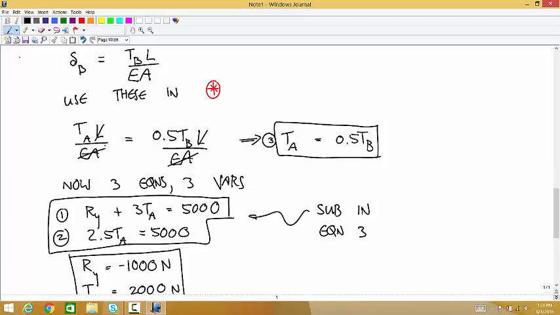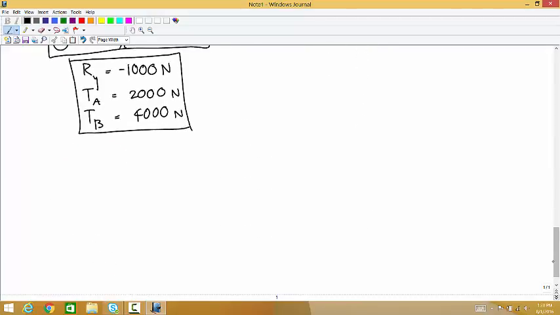Okay, so now let's go to the next type of macroscopic deformation. And that's angle of twist.